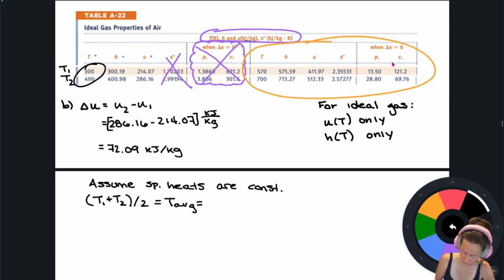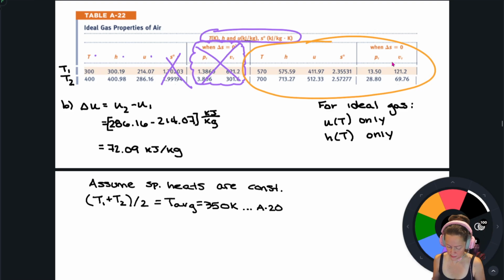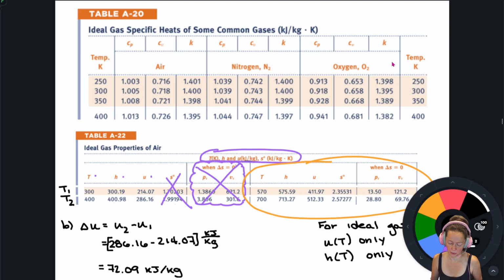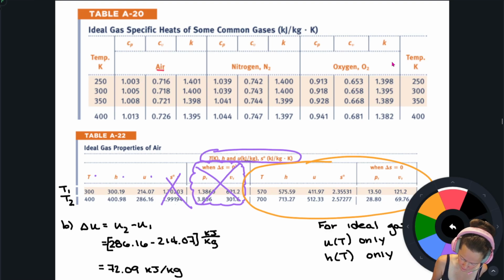Well, clearly it's 350 Kelvin. So I'm going to look in table A20. Table A20 has specific heats of ideal gases. Not all of the gases, but you've got 6 of them there. So air being one of them. So there's air, 300, 350, 400.